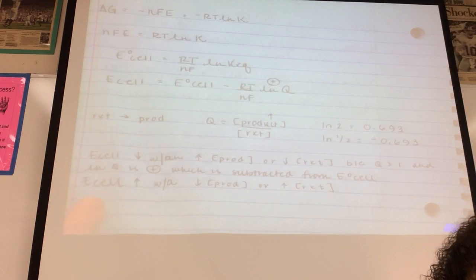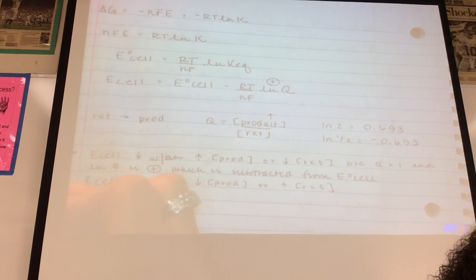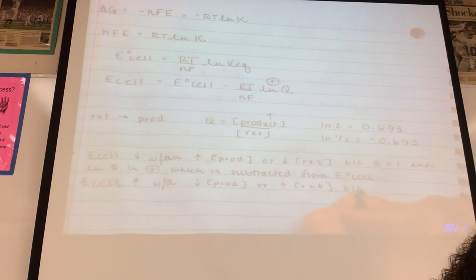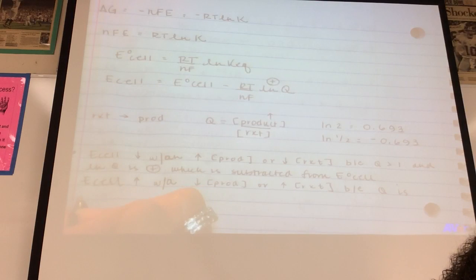And then in this one, E cell increases with the alternative setup, either a decrease in product or an increase in reactant, because Q is a fraction between 0 and 1.